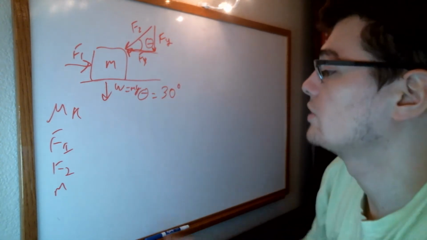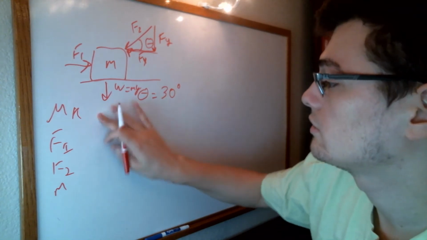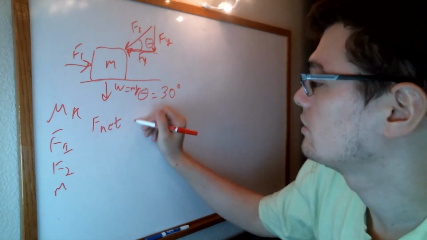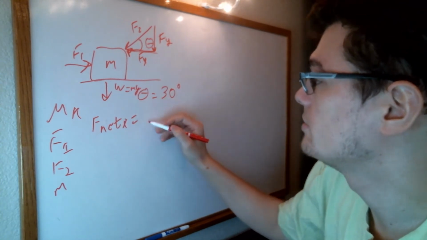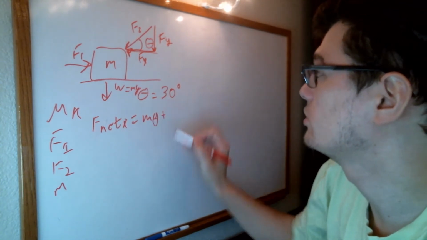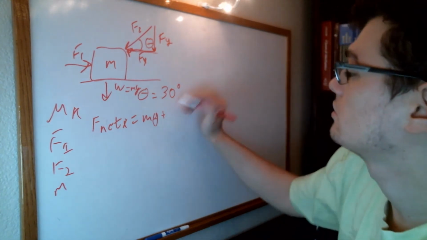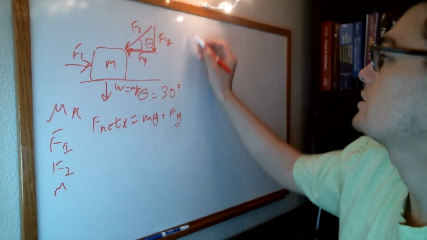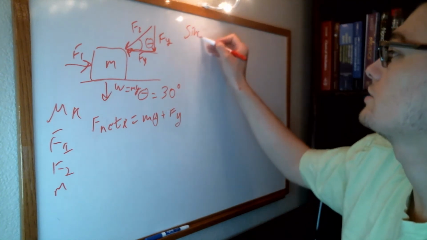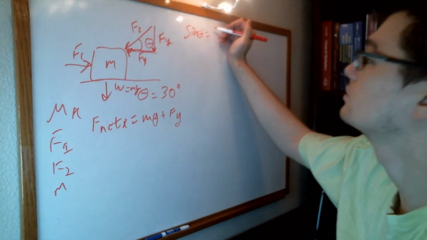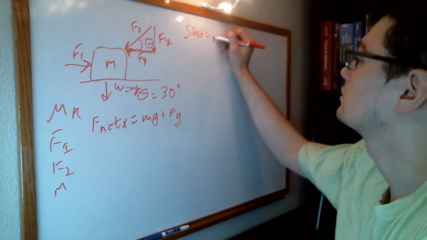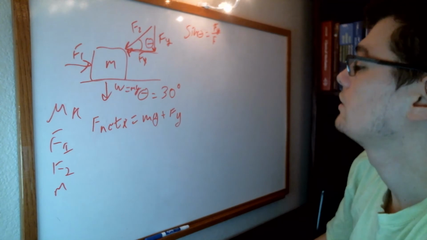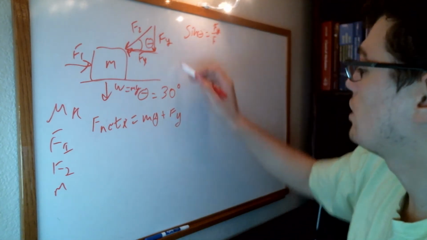And so then we have that F net y is going to be equal to mg plus Fy. Now Fy is the opposite side, so we're going to use sine there. So sine of theta is equal to Fy over F. And so then we can plug Fy in here.